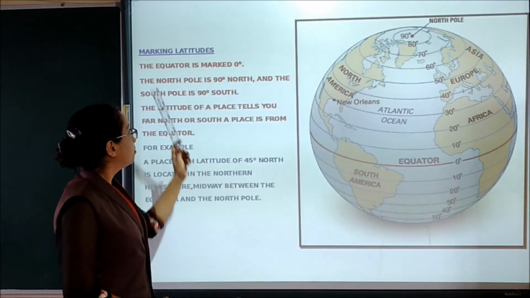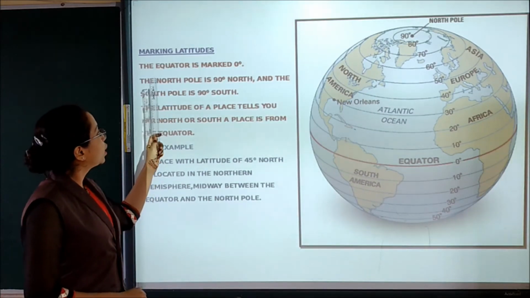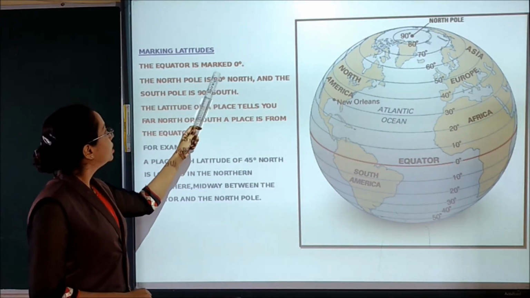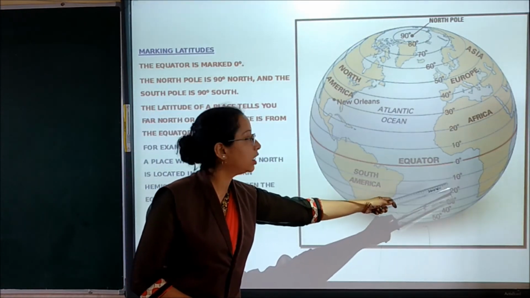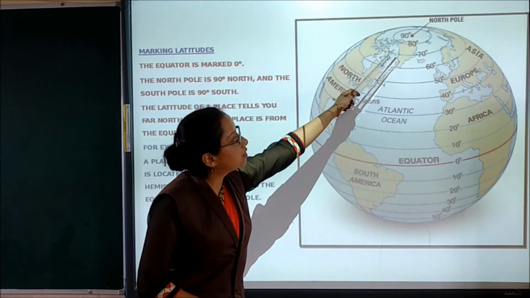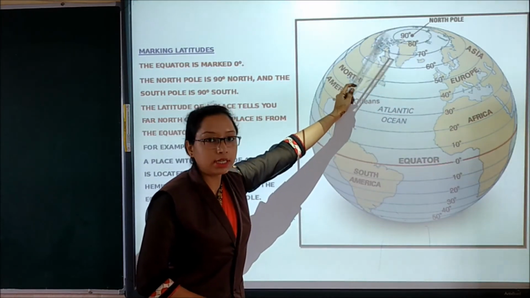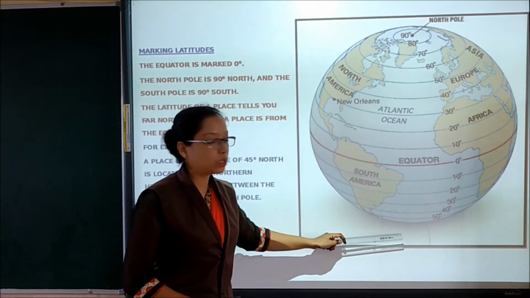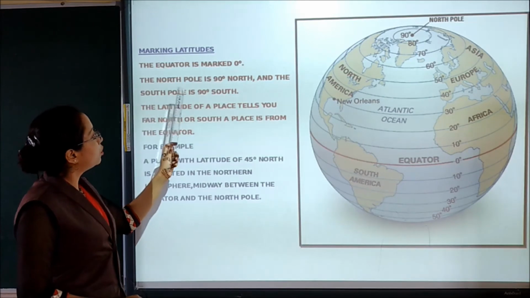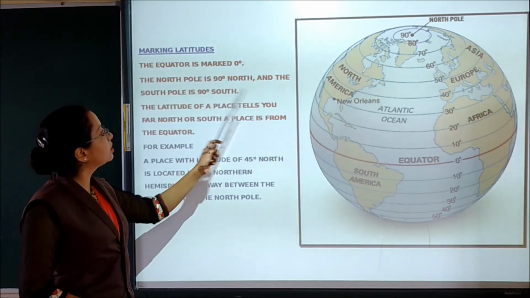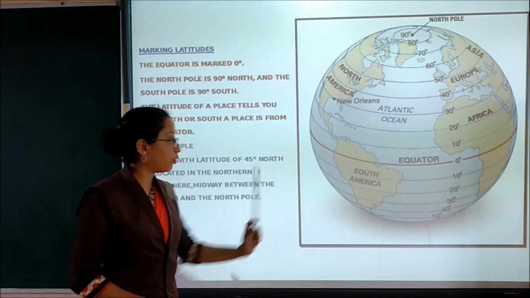Now next is marking latitudes. How do we mark the latitudes? The equator is marked 0 degree. Now you can see over here the equator is marked 0 degree and as we move towards the pole the degree increases. So the degree goes up to 90, and if we go towards the south pole the degree also increases. The north pole is 90 degrees north and the south pole is 90 degrees south, which I explained just now.